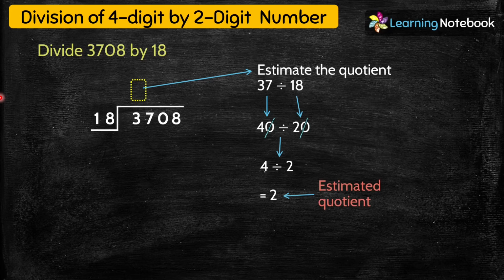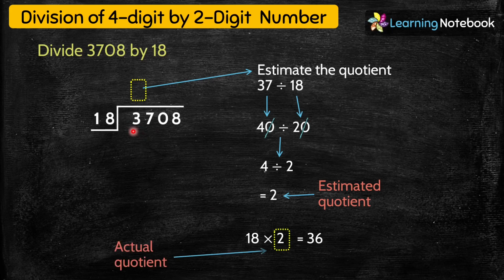So 2 is the estimated quotient here. Now, to find the actual quotient, we will multiply 18 by the estimated quotient 2. We get 36, and 36 is very close to 37. So it means our actual quotient is 2.